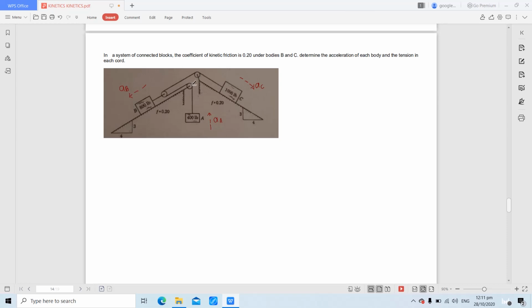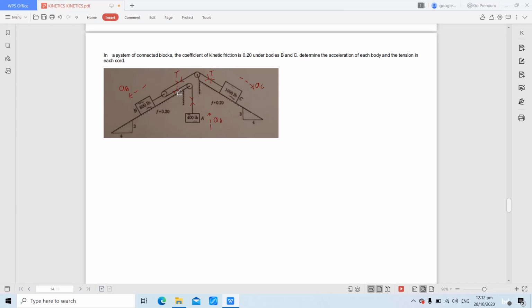Now, yung pulleys natin dito na tatlo, walang sinabi kung may friction ba dyan or kung may weight yan. Therefore, you have to assume that it is frictionless and weightless. And if that is the case, yung tension dito sa bawat chord, which is tuloy-tuloy lang yan, connecting body A and body C, yung tension na madidevelop dyan will be pare-parehas lang.